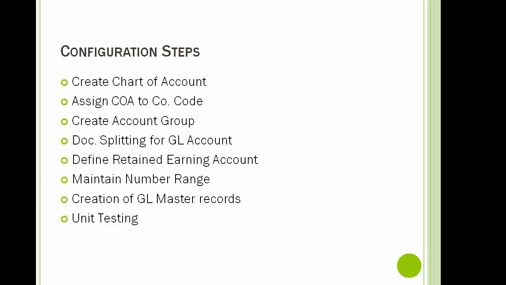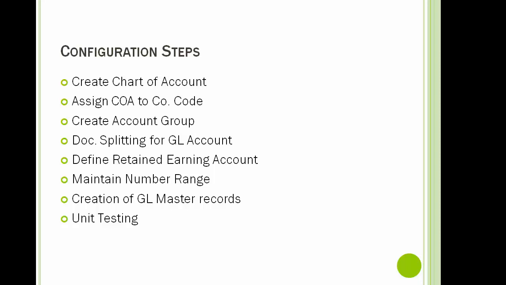First we will be creating the chart of account, then we assign that chart of account to company code, creating account group, document splitting for GL account, defining retained earning account, maintain number range, creation of GL master records, and unit testing. As we have already discussed these points, last is unit testing.